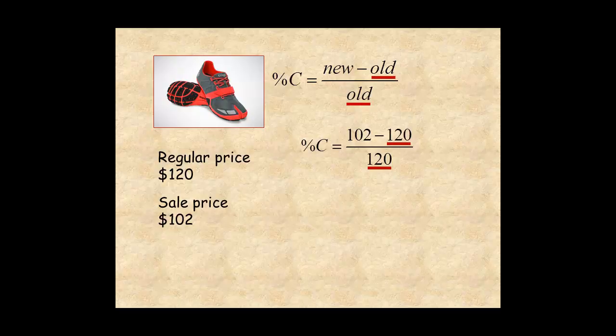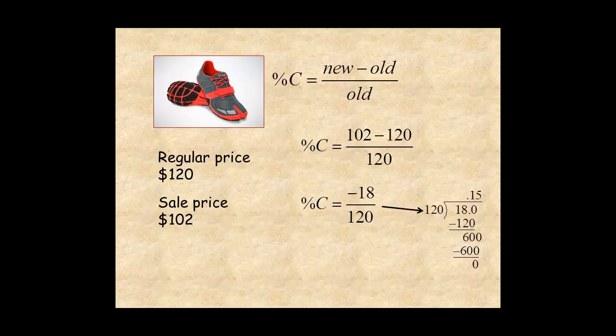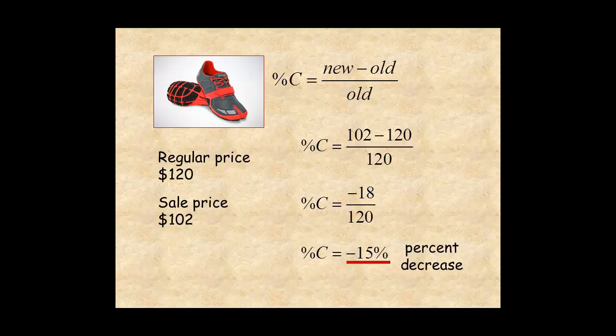Then 102 minus 120 is negative 18. Do the long division, and the answer is negative 0.15, or negative 15%. Since the percent change is negative, it's a percent decrease.